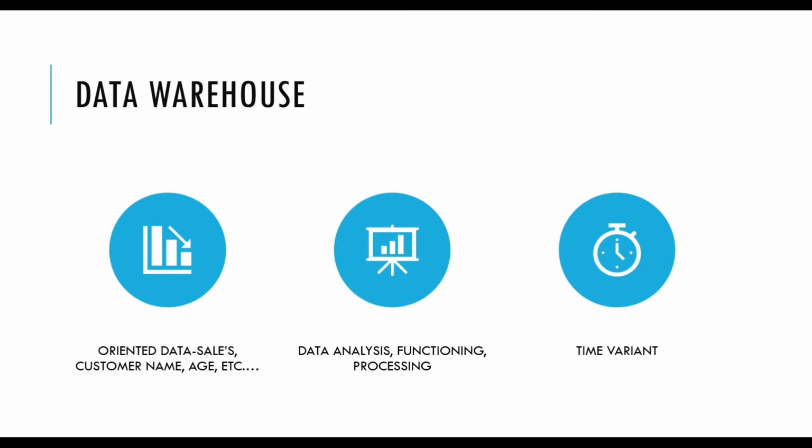Data can be anything, such as sales data, customer name, age and so on. A data warehouse excludes information which is not useful for the decision making process. That means information which does not support decision making is not stored in the data warehouse.